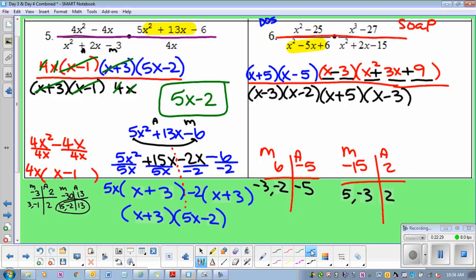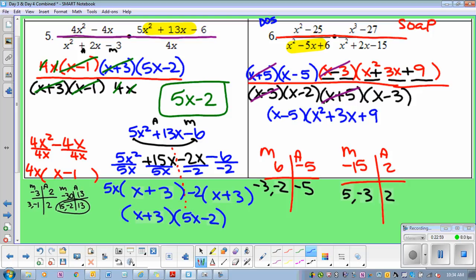So what can we cross out here? What do you see? X plus 5. X minus 3. And then plus 5, x plus 5. Anything else? That's it. So your final answer is x minus 5 times this trinomial.